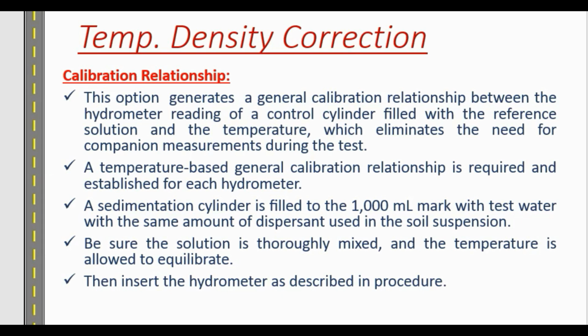Then we insert the hydrometer as described in the procedure and take the hydrometer readings that are used for measurement of the values of constant A and constant B that will be used later in our equations.